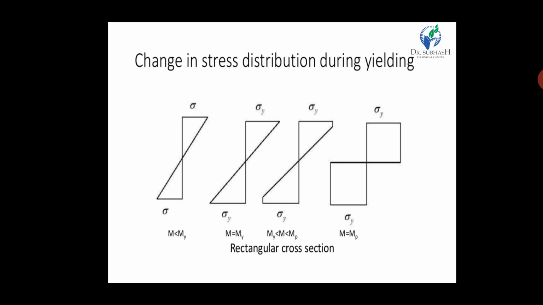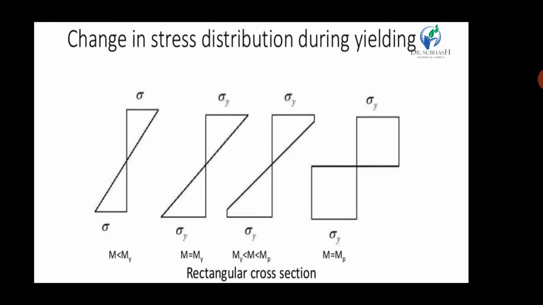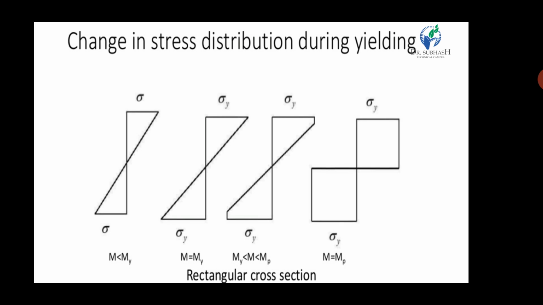You can see the change in stress distribution during yielding in the figure. In the first case, M is less than My. Now we increase the moment, and at that time M is equal to My. You can see in the figure sigma y, sigma y. Now we increase the moment again, so M is greater than My but less than Mp. You can see the figure of the distribution.